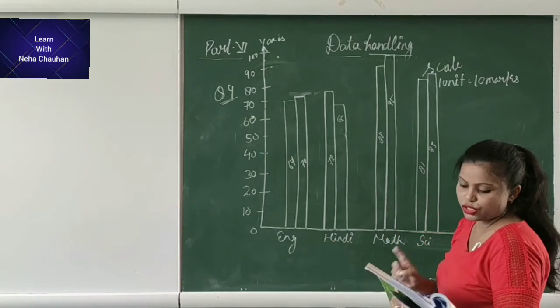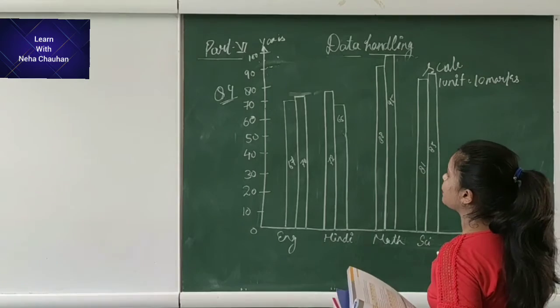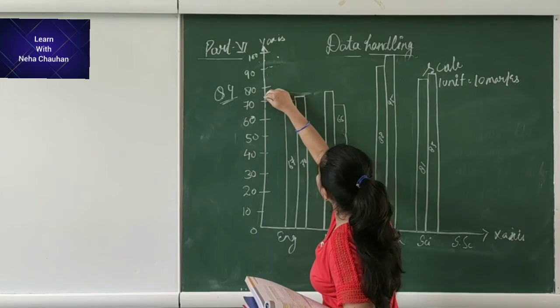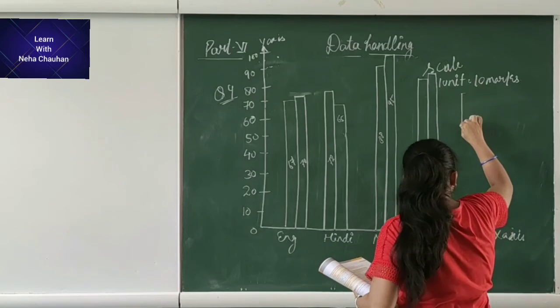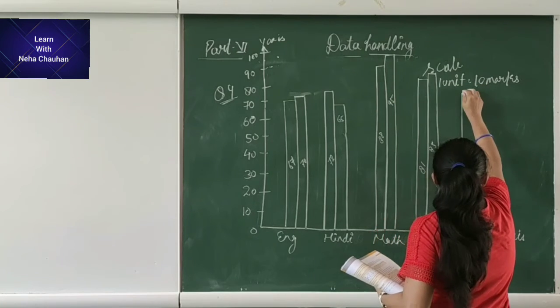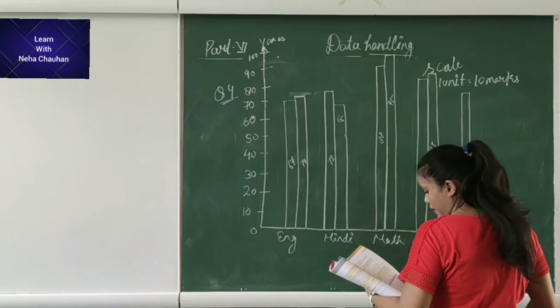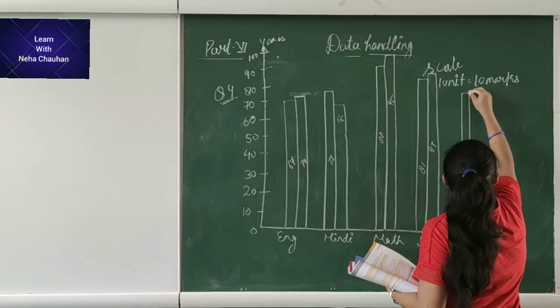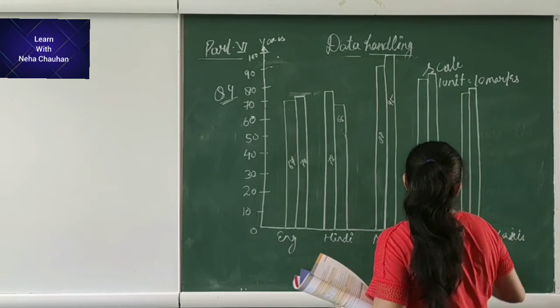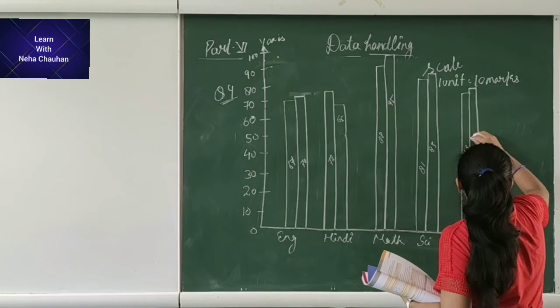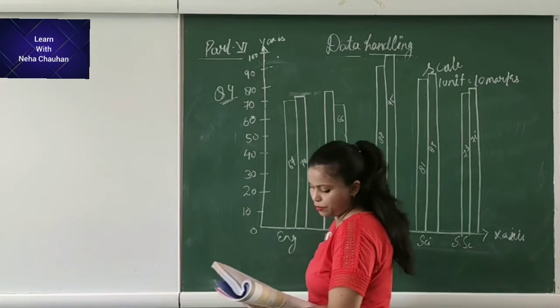For social science 73. So 73 will lie somewhere here. Okay, and 75 in the second semester. Now let's solve the questions.